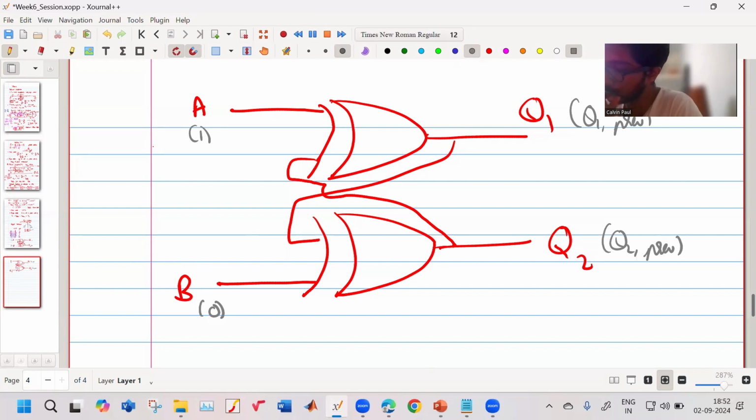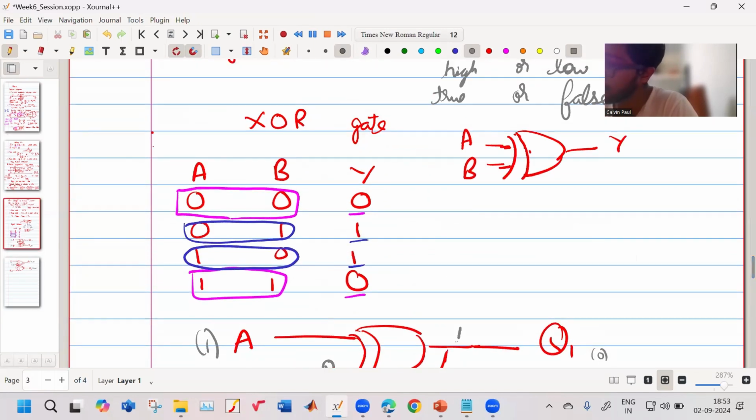So if you have 1 and 0 over here, this will be your Q2 previous, right? And we know from the XOR gate, if one input is 1, then the output Y will be complementary. If A is 1, then your Y is B bar.